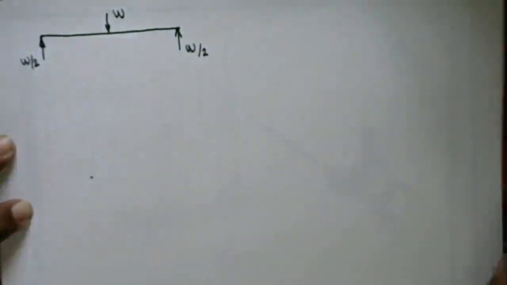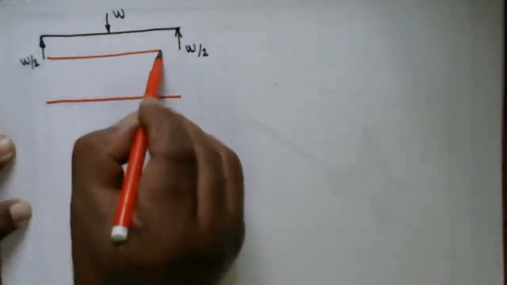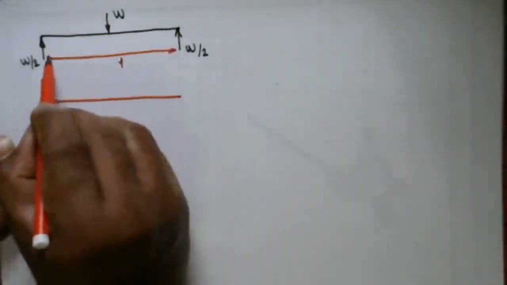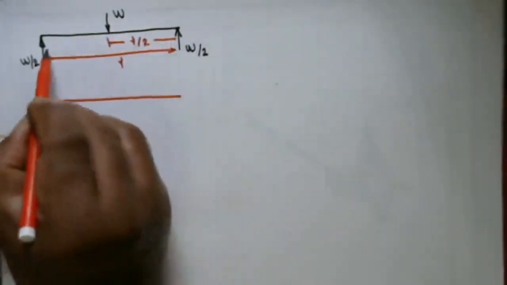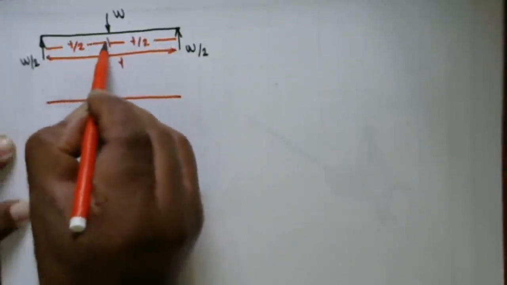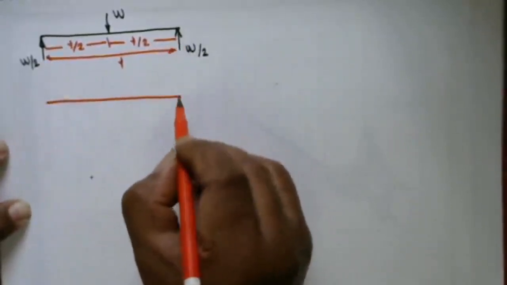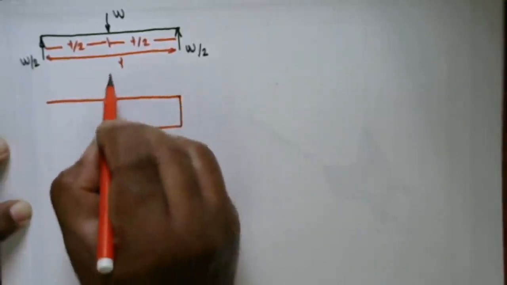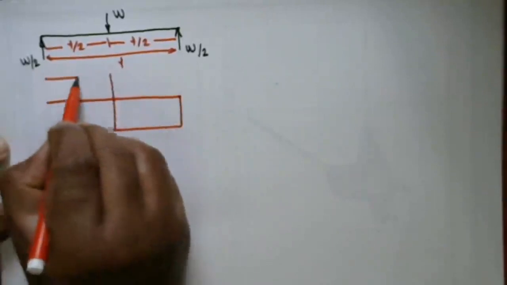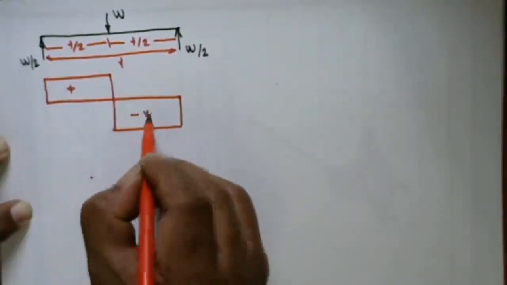If we have to plot the shear force diagram for this, the span length is L, this is L by 2, this also L by 2, and according to our sign conventions the shear forces are set up in the beam section: this positive shear force, this negative shear force.